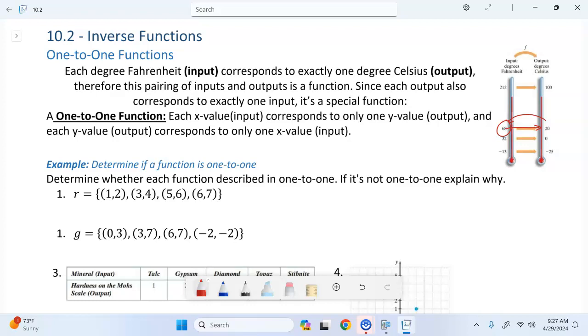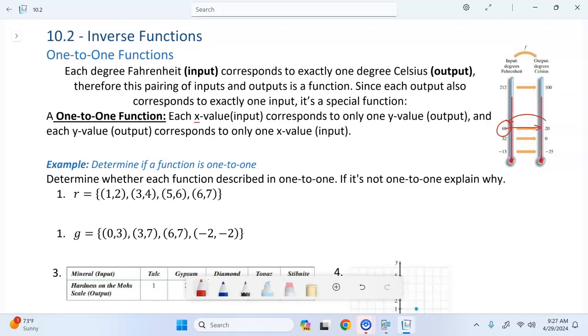Every degree Fahrenheit corresponds with exactly 1 degree Celsius. Every degree Celsius corresponds with exactly 1 degree Fahrenheit. So what that does is that makes a very special type of function where we have a one-to-one relationship.